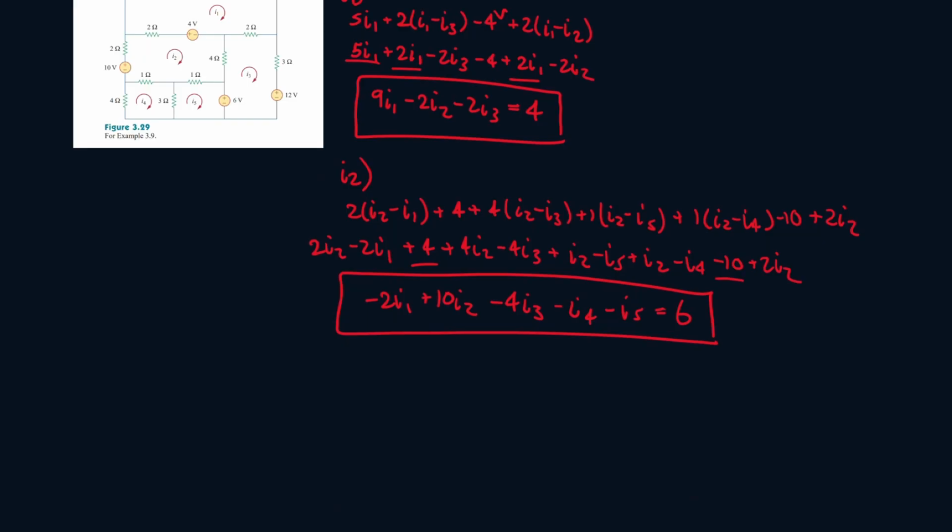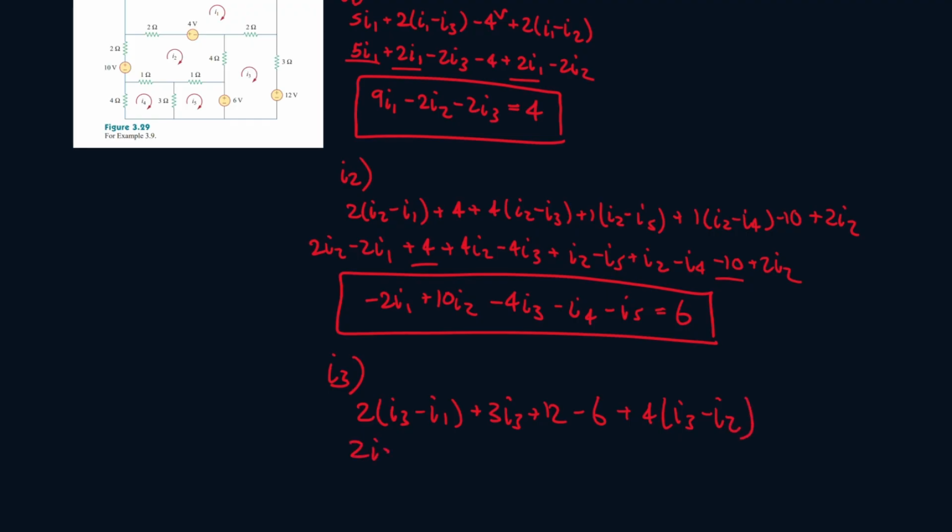Now, for our third equation, it's I3. So I3, it hits a 2 ohm resistor. So 2(I3 minus I1) plus 3I3 plus 12 minus 6 as it enters the negative part of the 6 volt source, plus 4(I3 minus I2).